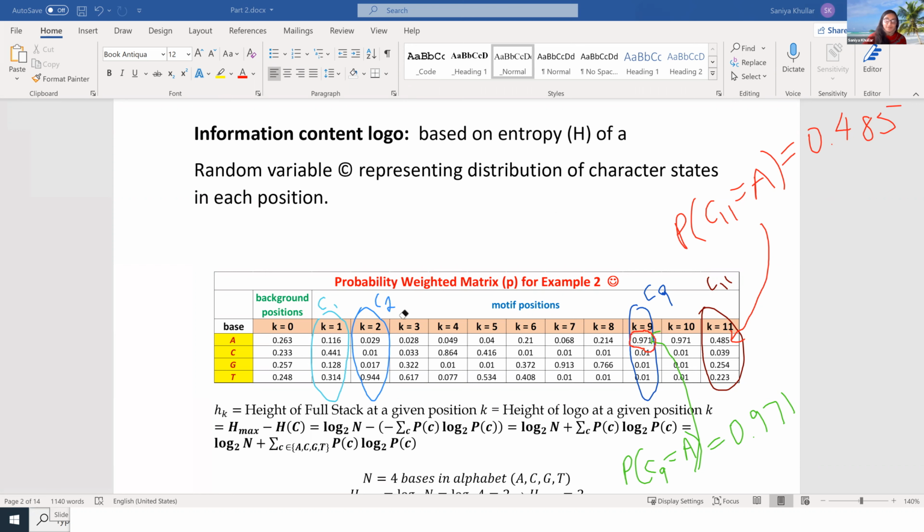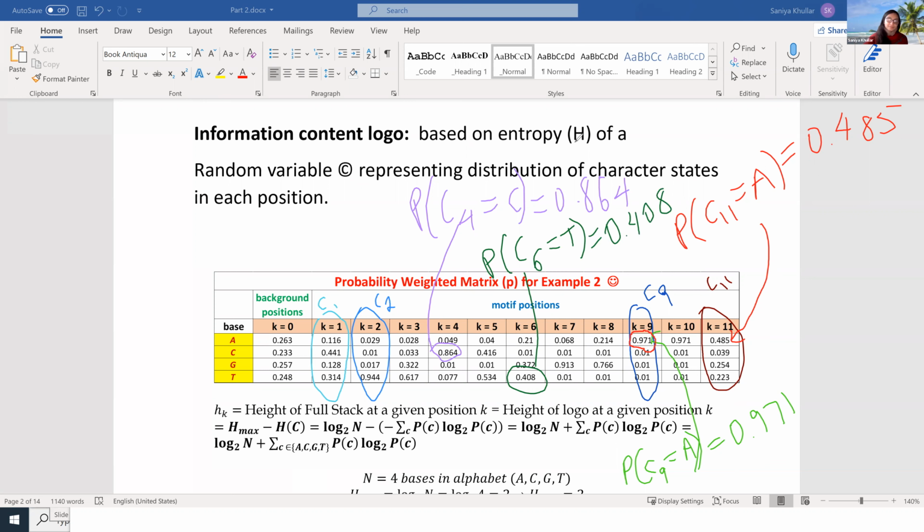And just for more completeness, this value right here is the probability that C4 is C, which is 0.864. And lastly, another example would be that this value is saying the probability that C6 equals T is approximately 0.408.